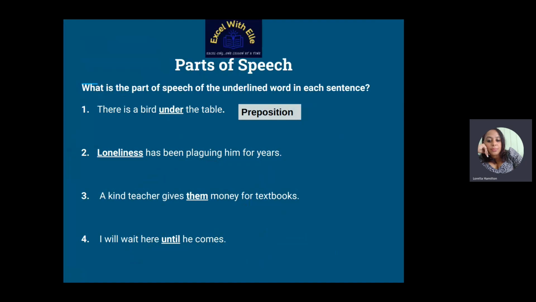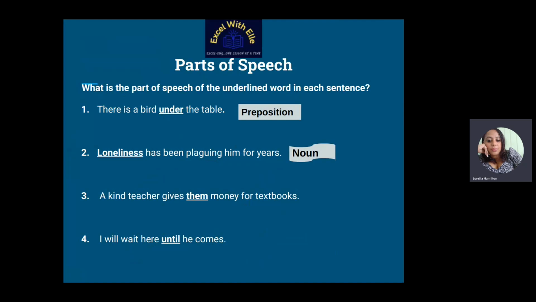And we have said before that words whose function is to name animals, places, people, things, ideas, feelings, etc., those words are called nouns. So therefore, the part of speech of the word loneliness is noun because of its function to name a particular feeling.